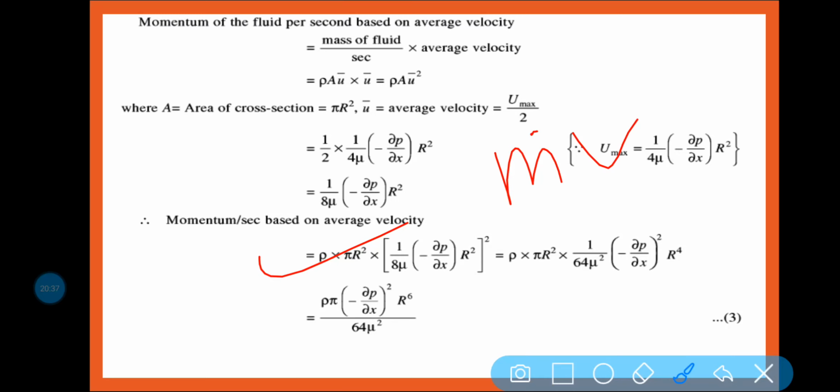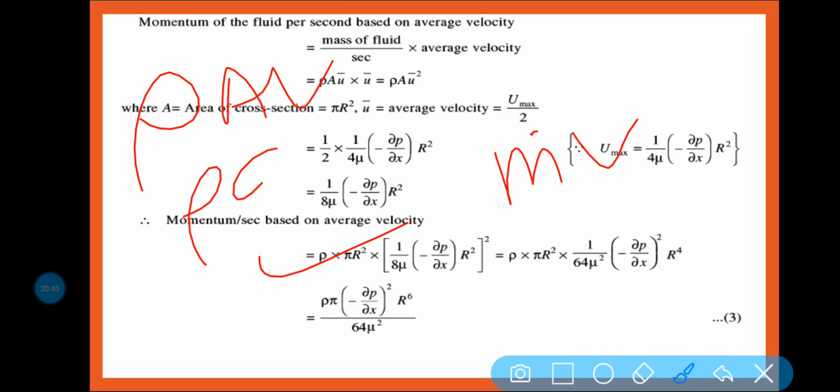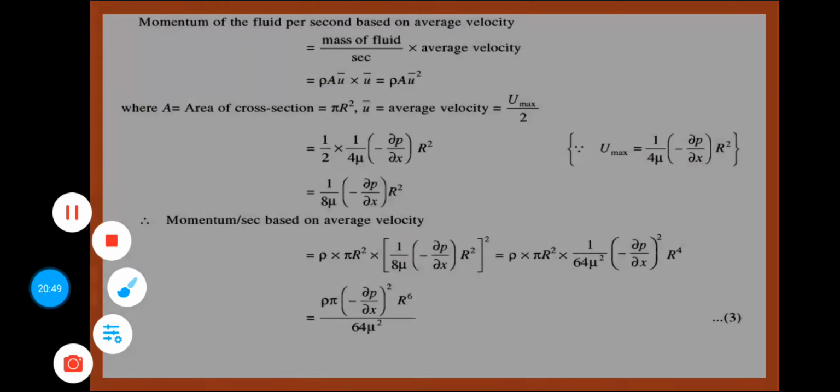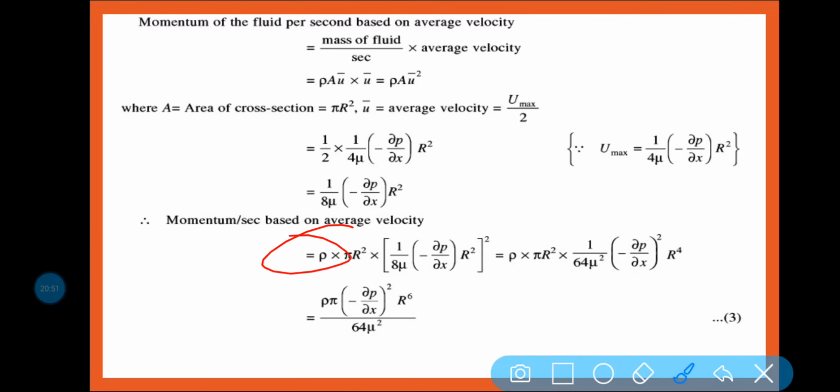Now mass flow rate is equal to what? Rho into area into velocity, or rho into q, and already I have got rho into area into velocity square, because momentum per second is mass flow rate into velocity, and it is equal to rho a v.